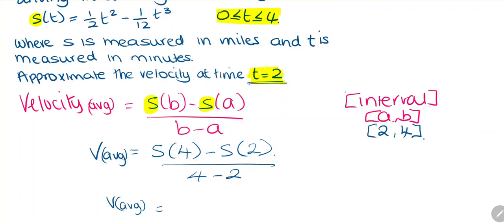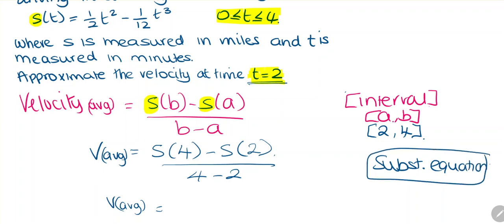Right, so the second stage, we're going to substitute the equation. If we put this into the equation, we're going to have half t squared, so 4 is going to go in instead of t. So we're going to have a half 4 squared minus a 12th of 4 cubed.